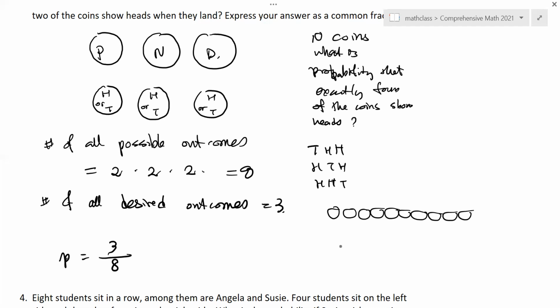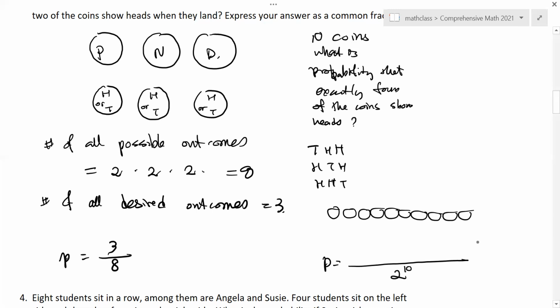I think the denominator is easy to figure out. It will be 2 times 2 times 2, 10 times, so 2 to the 10th power. That's a pretty huge number. The numerator is tough. This is equivalent to the committee problem. For example, coin number 2, coin number 5, coin number 6, coin number 10 show heads when they land.